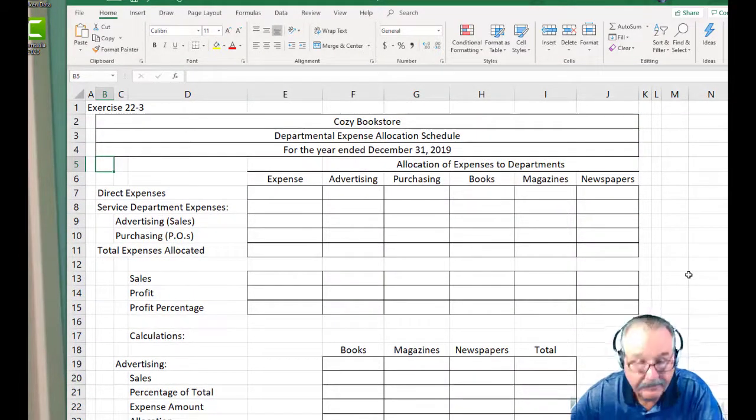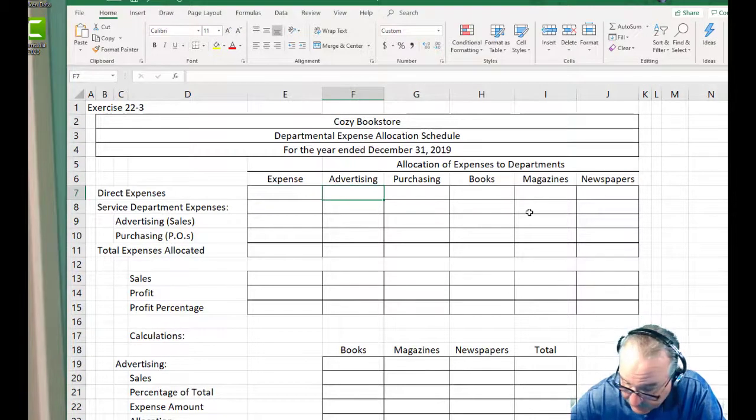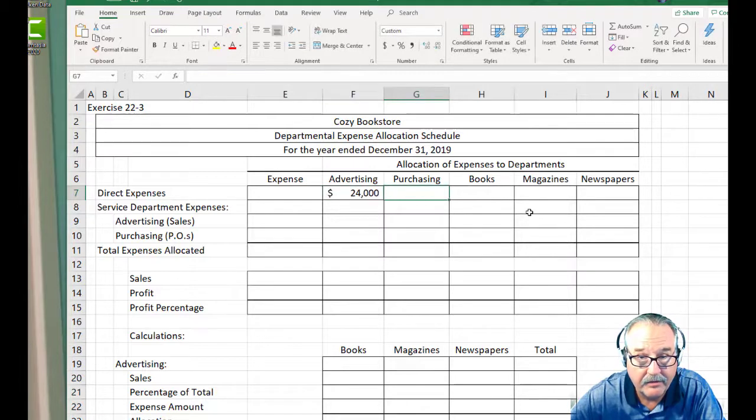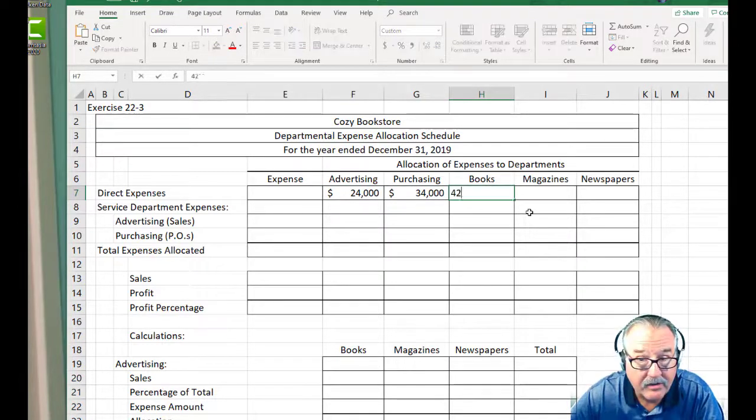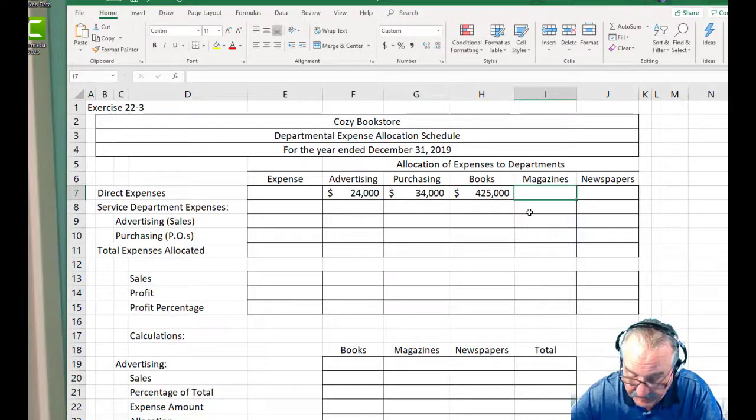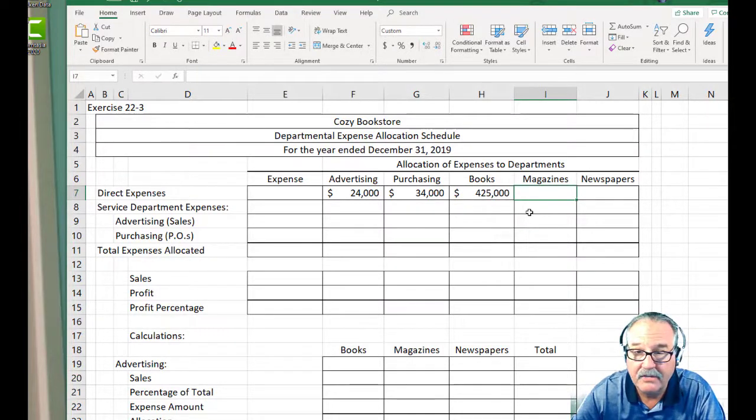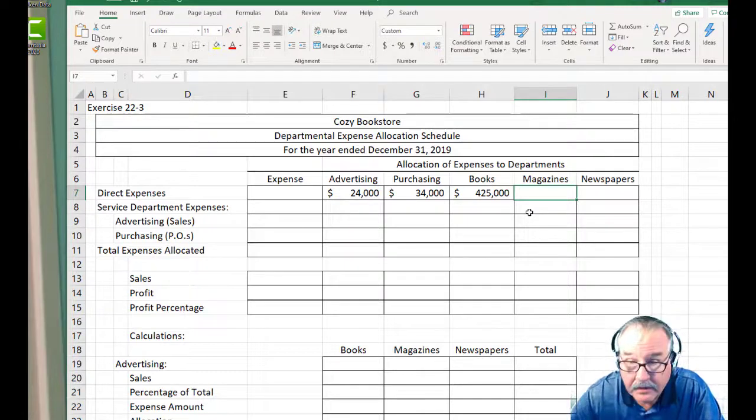Let's get started. For the total direct expense, we have advertising expense of $24,000 and purchasing of $34,000. The direct expenses for the book department are the cost of the books, the cost of the salespeople that work in the book department, and any other specific expenses unique to that department.